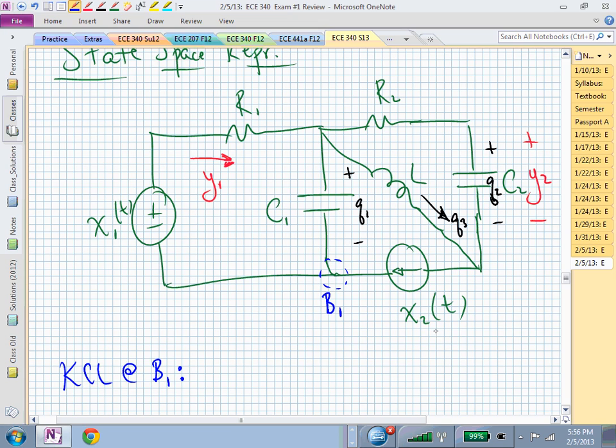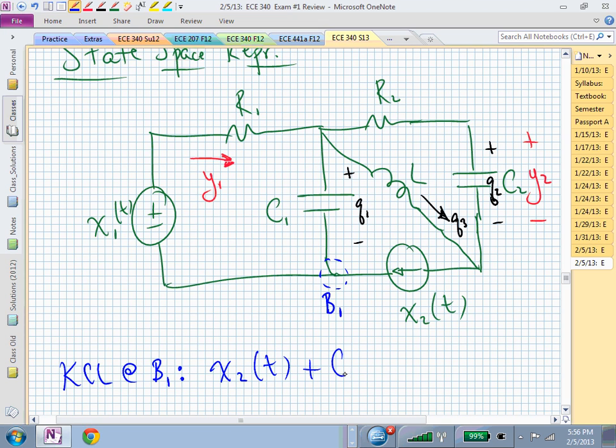I have an X2 coming in to the node, so I could say X sub 2 of T is coming in. What else do I know? You have the current from that capacitor coming down, so that's coming in also, isn't it? And you can express that in terms of that state variable Q sub 1.